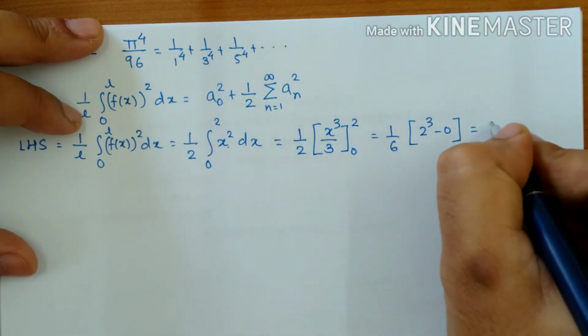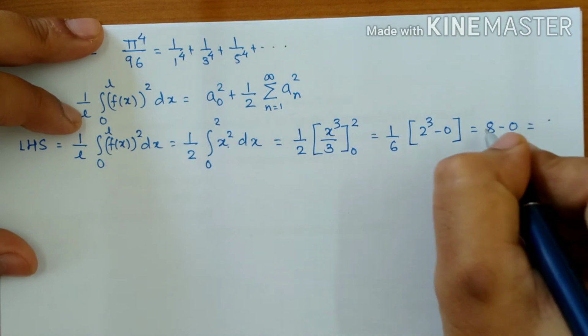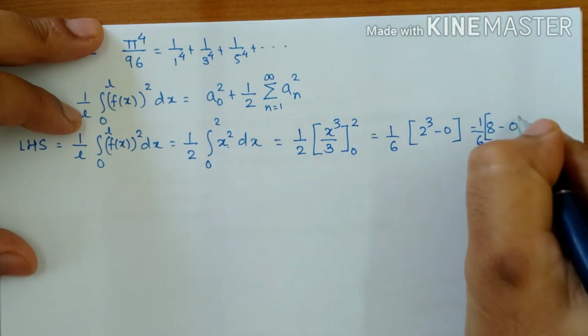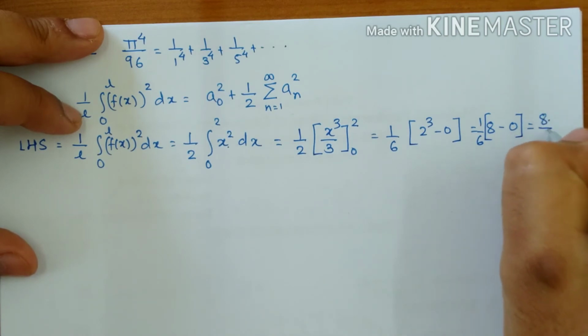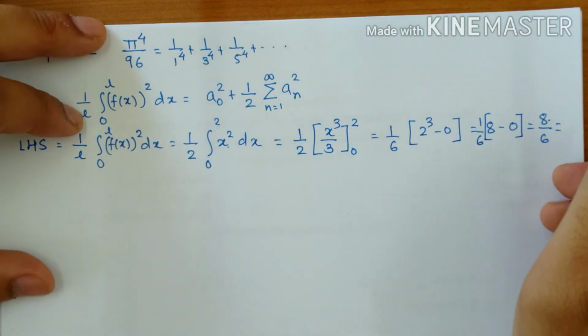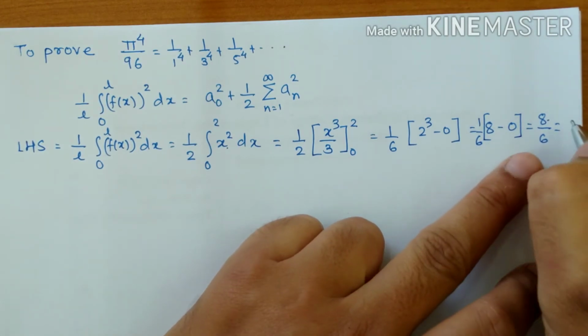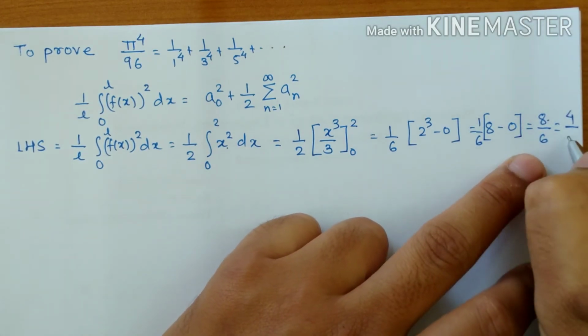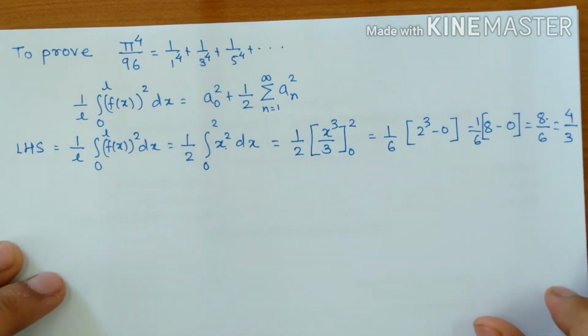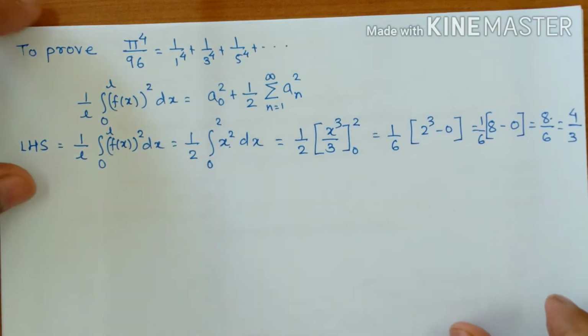What is 2 cube? 8. 8 minus 0, there is a 1 by 6 outside. Hence we have 8 by 6. Can you tell me what is 8 by 6? In simplified version, it is 4 by 3. So the value of LHS is 4 by 3.